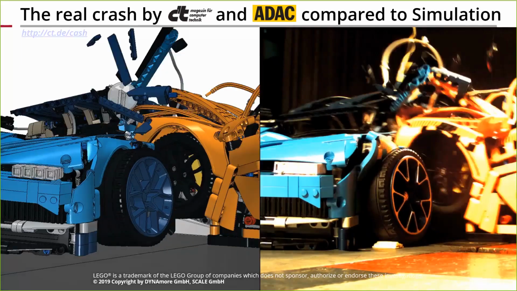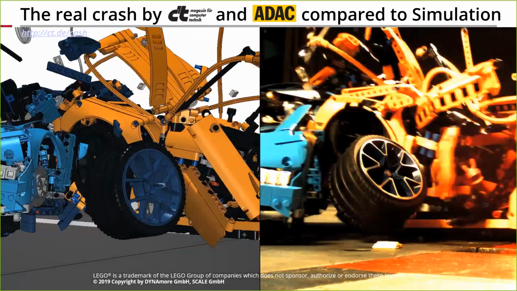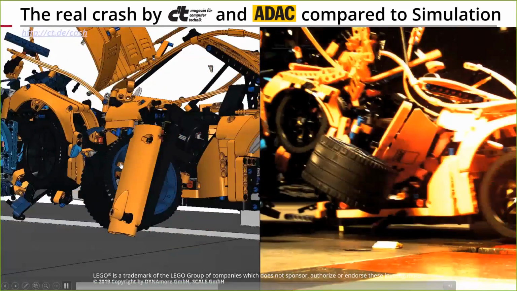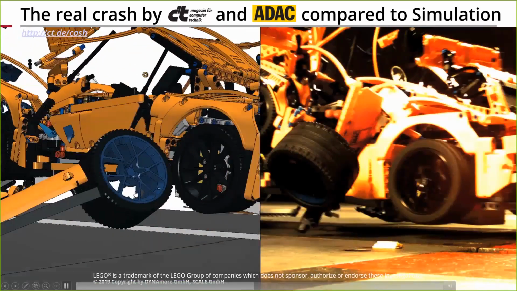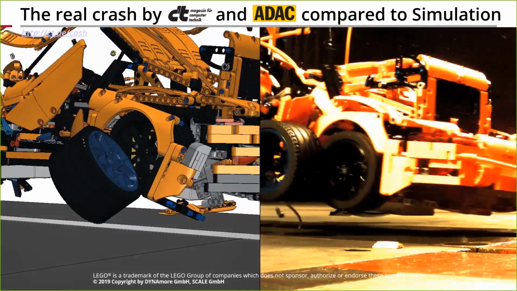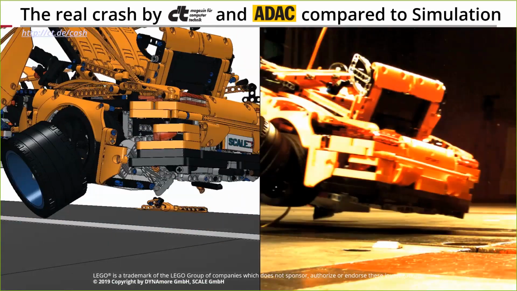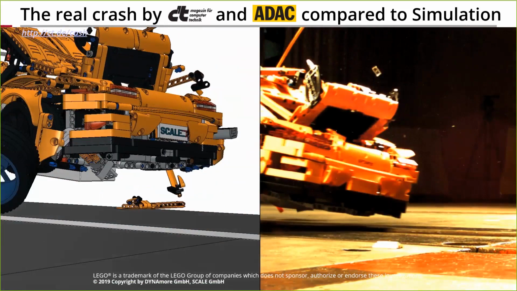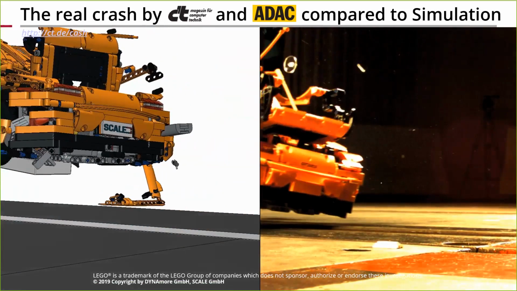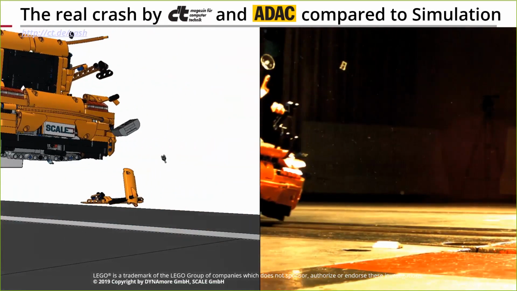One detail which was very intriguing to me is that the wheel pauses in space here due to inertia forces. If you look at the real model and try to pull the wheel apart, you'll notice you need quite an amount of force to pull the wheel apart. However, here in the simulation, it just pauses in space.